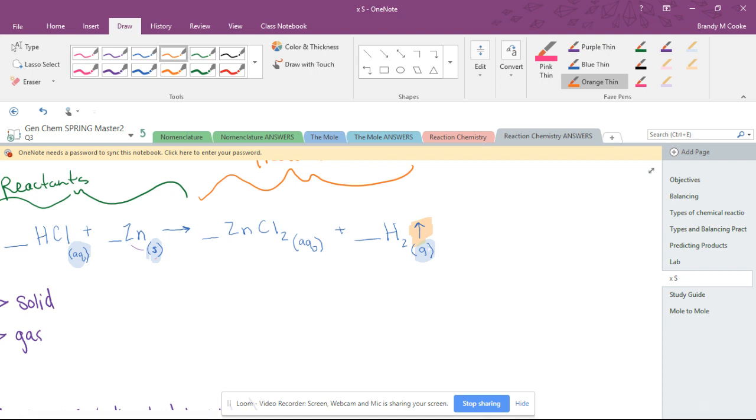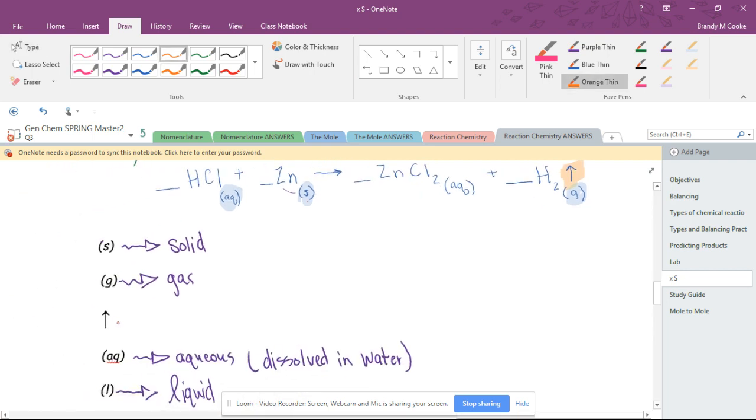Well, it gets released. It goes into the environment, into the surroundings. So basically, it was a gas that was released to its surroundings. And that's what that arrow means.